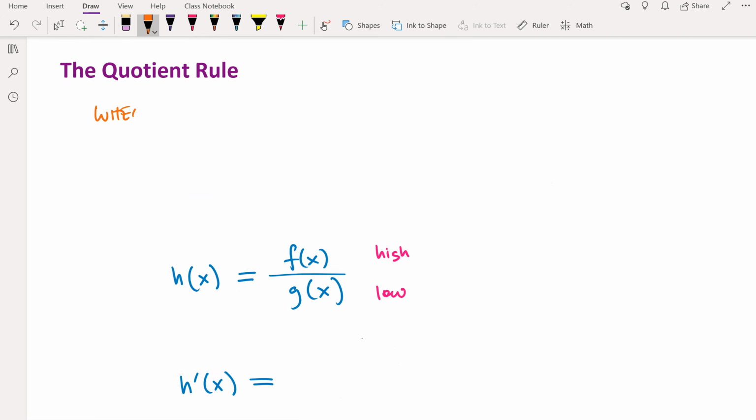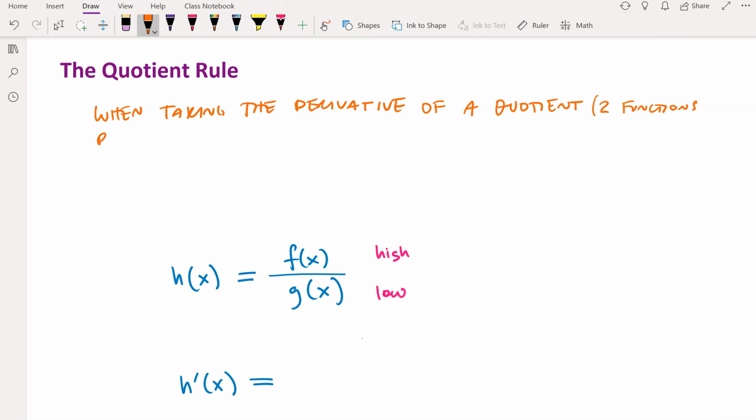When taking the derivative of a quotient, that just means two functions being divided.